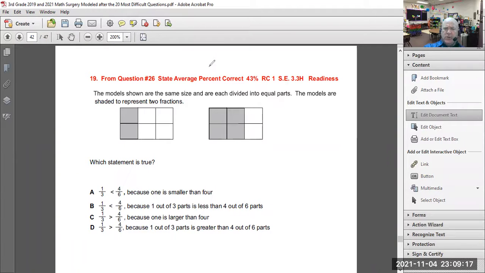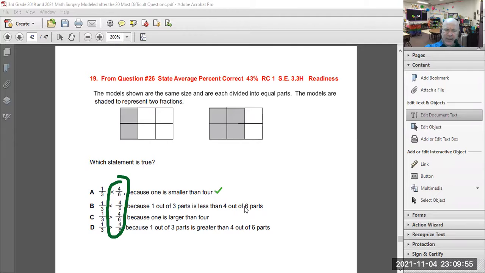Green means good. So I'm gonna use a green to look at these 4 fractions. 4, 6 is the second fraction. We said that whatever is the case, this first fraction has to be less than 4, 6. Well, the only choices that I think could be possible, it could be A, because I see less than there, that it's pointing to the smaller one and opening to the larger one.